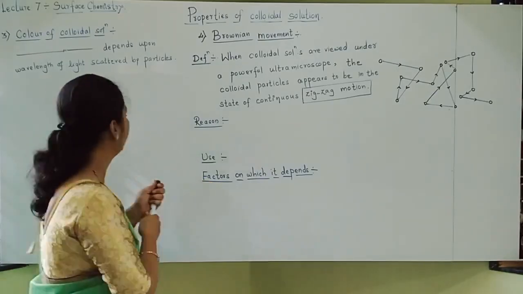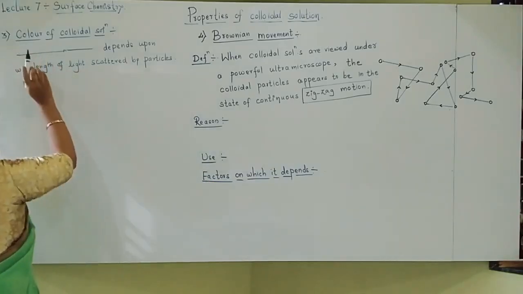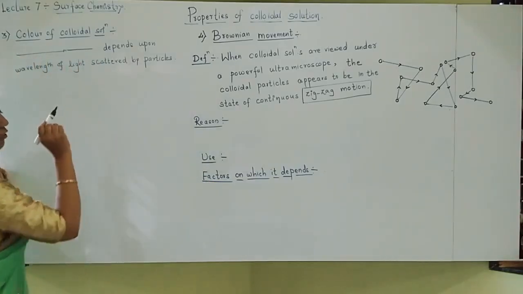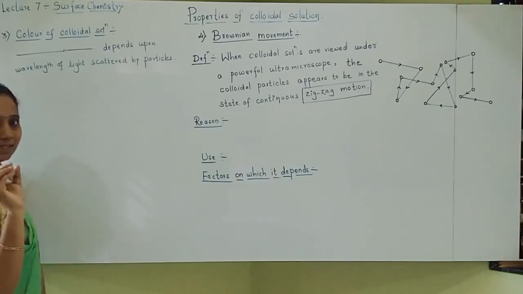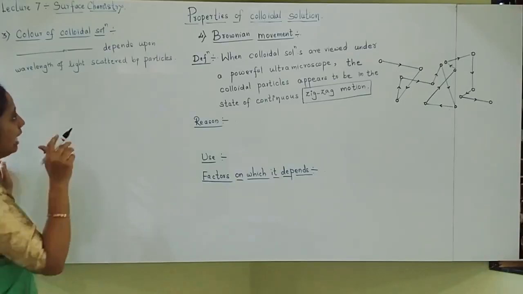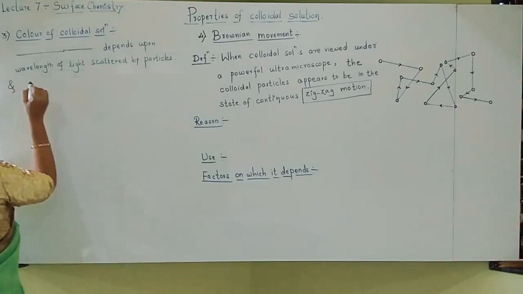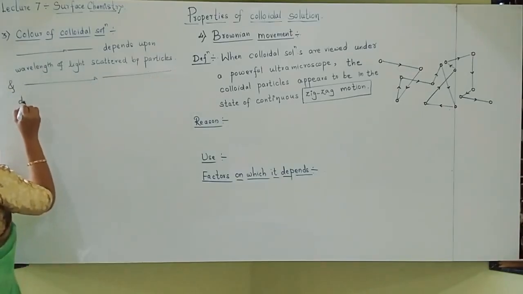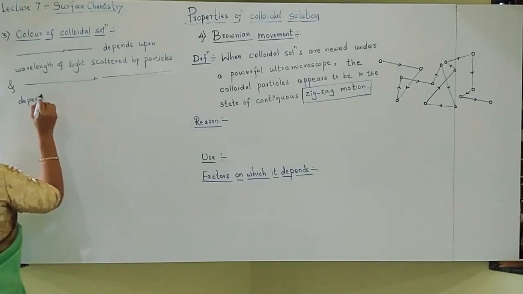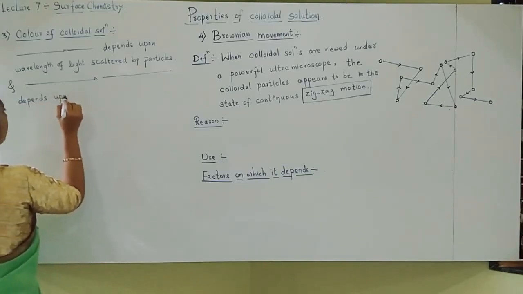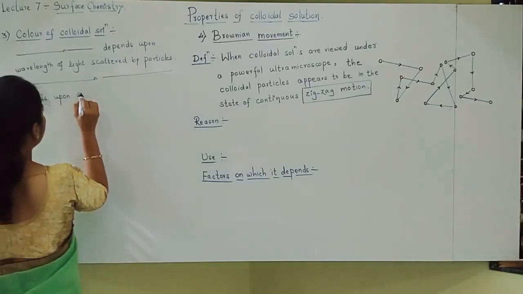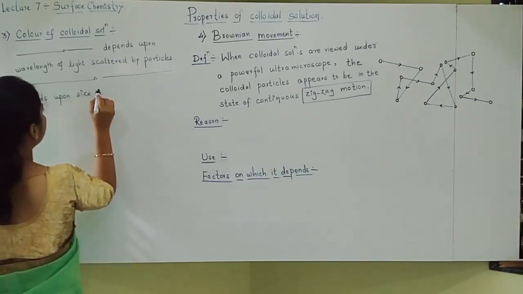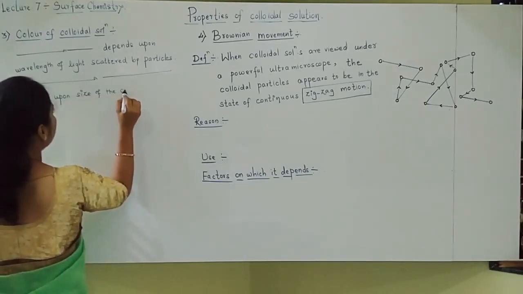Understood? Color depends upon the wavelength of light scattered by the colloidal particles, and the wavelength of light scattered by the particle depends upon the size of the colloidal particle.